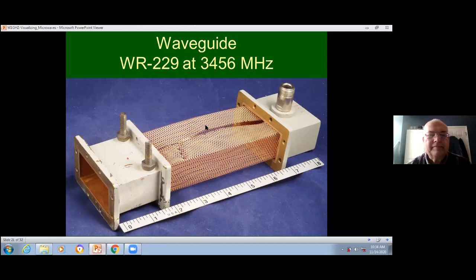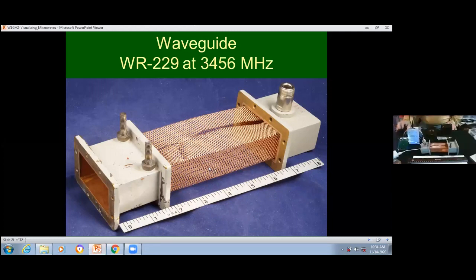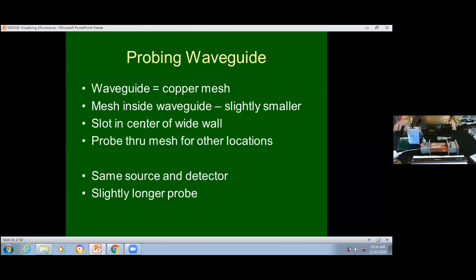Okay. So here's the waveguide. It's a copper mesh that we can probe through, and I've left a slot in the top. Just folded up some copper mesh into roughly the size of a waveguide. And I put a couple of surplus pieces at the ends to hold it all together, and so that I can connect a coax to it and get some signal into it. Basically, we've made a piece of waveguide that's got enough openings that we can probe it.